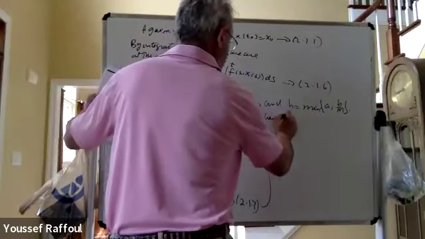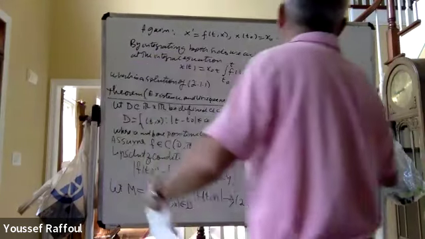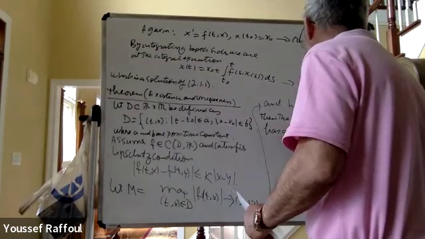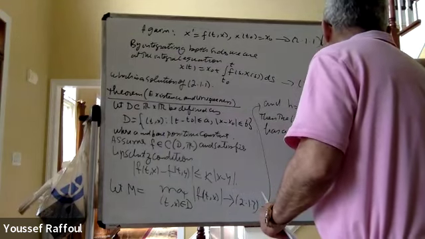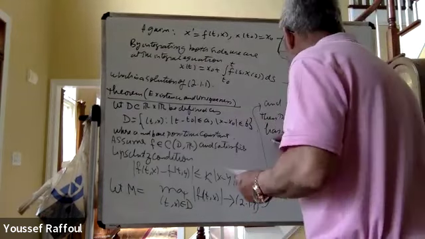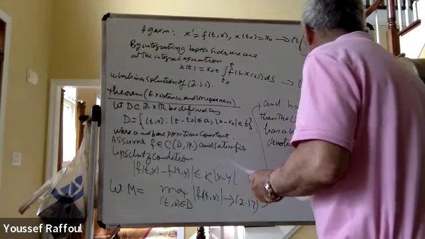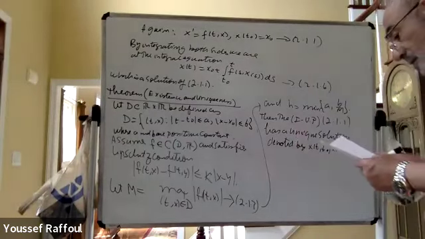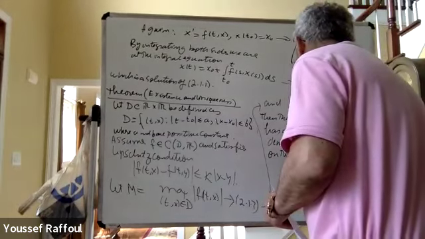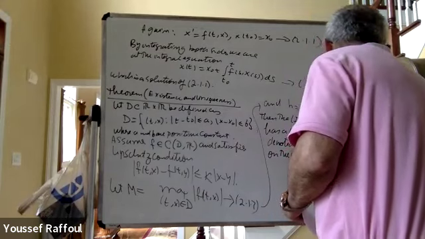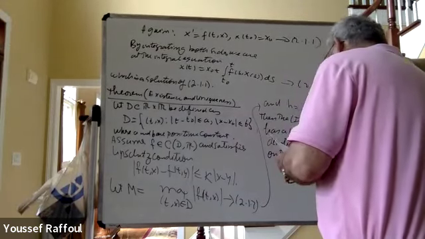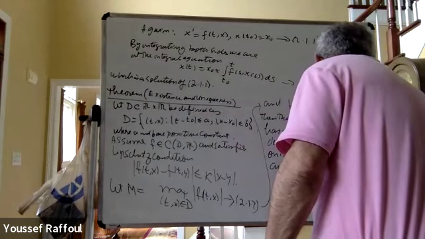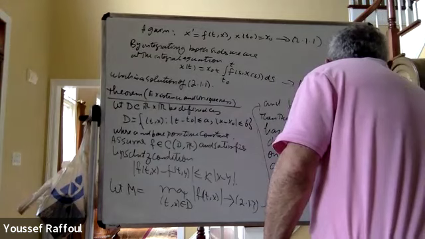Then the initial value problem 2.1 has a unique solution, denoted by x of t, t naught, x naught, on the interval |t minus t naught| less than or equal to h, and passing through (t naught, x naught).